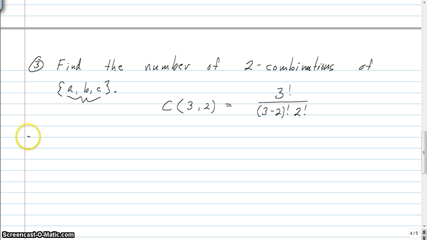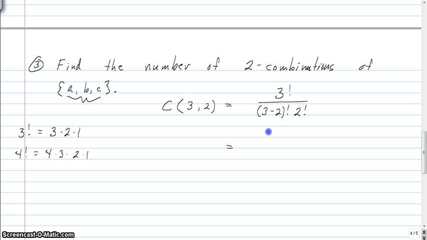And so if we have 3 factorial, just a quick reminder that that's 3 times 2 times 1. 4 factorial is 4 times 3 times 2 times 1.